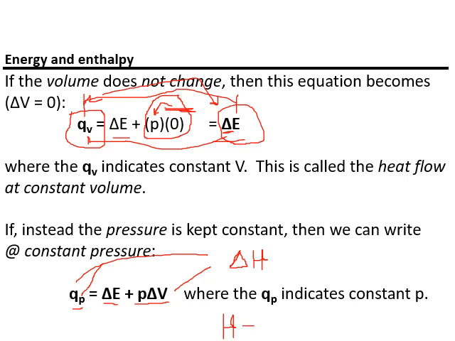So H by itself without that delta is a state function. So the only thing that matters is what is it right now. So if it's 1,000 kilojoules, it's 1,000 kilojoules. It doesn't matter if it started at 1,001 and dropped, or if it started at 999 and went up. It's a state function. Once you put the delta in front of it, then it's no longer a state function.